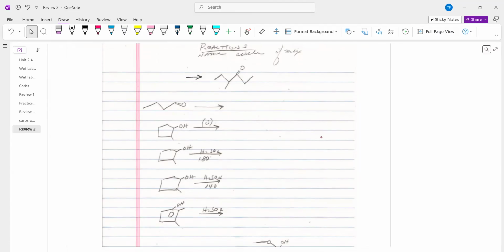Well, to make a ketone, we have to oxidize an alcohol. You can also reduce an acid. We'll talk about that in unit 3. So what alcohol do we need? We need a secondary alcohol with the backbone.